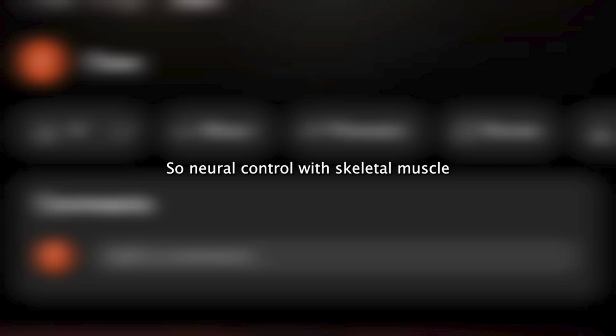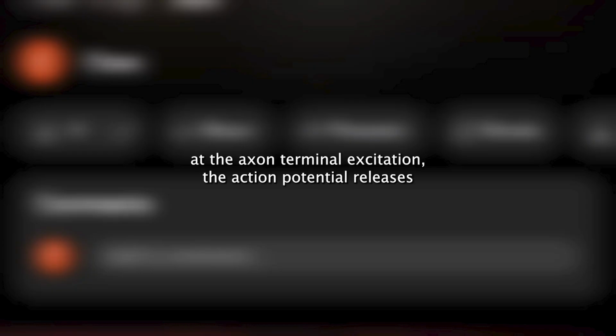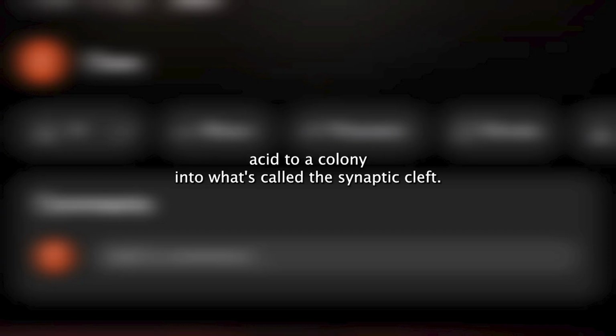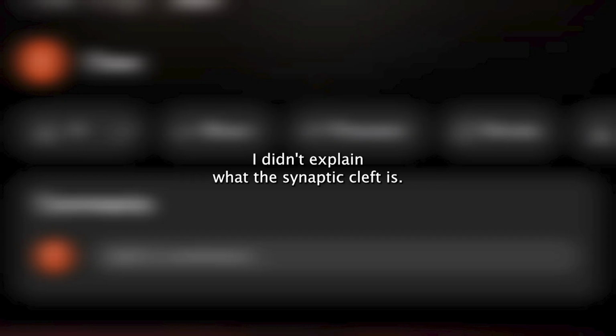So neural control: the skeletal muscle fiber contracts when a motor neuron stimulates an action potential at the axon terminal. Excitation: the action potential releases acetylcholine into what's called the synaptic cleft. I didn't explain what the synaptic cleft is.